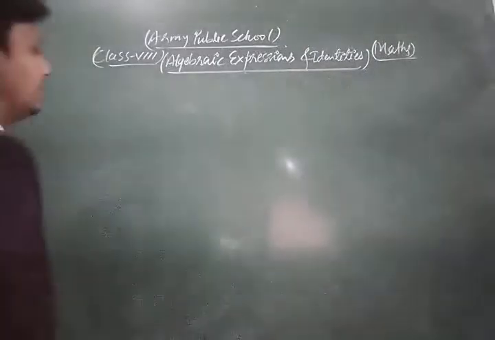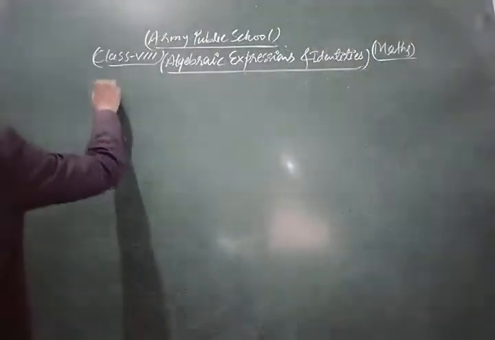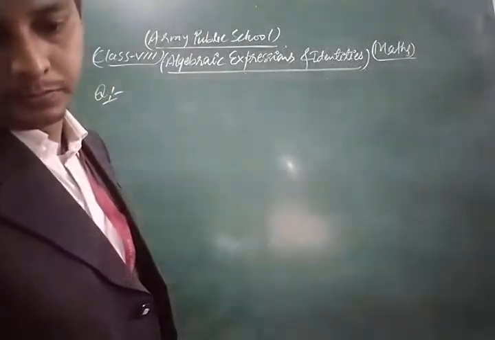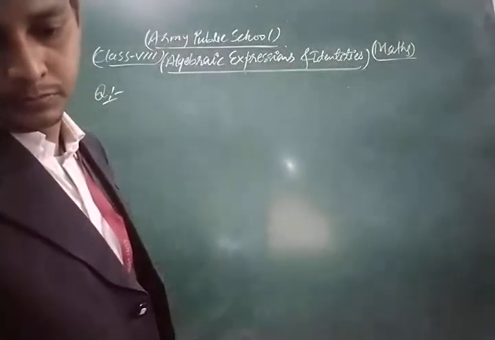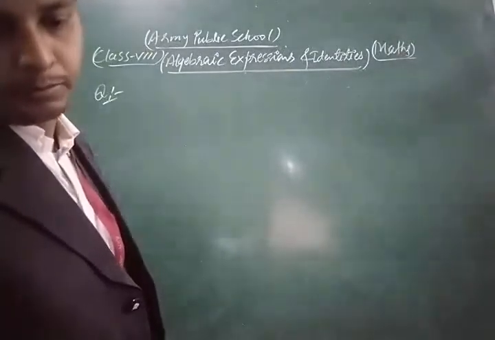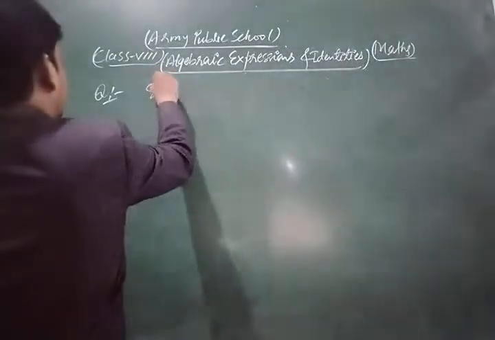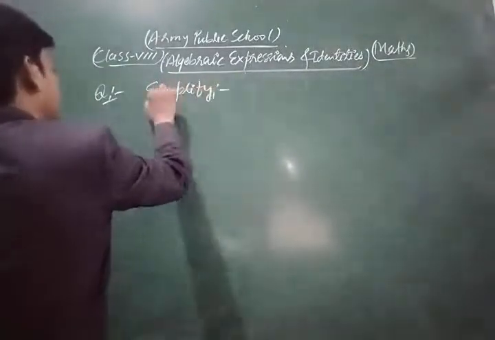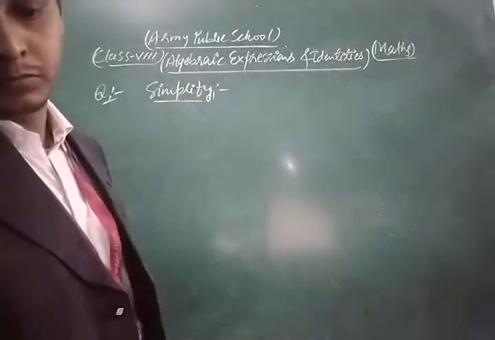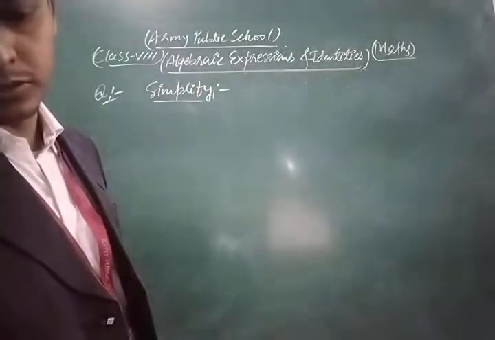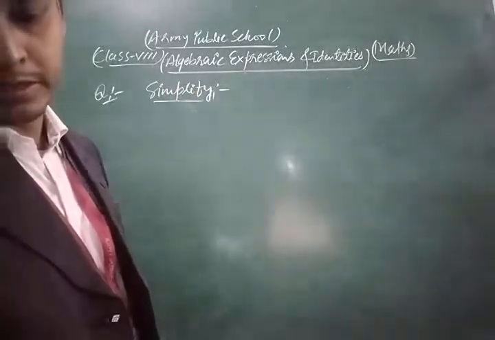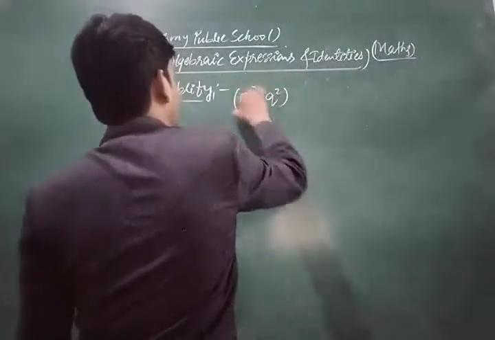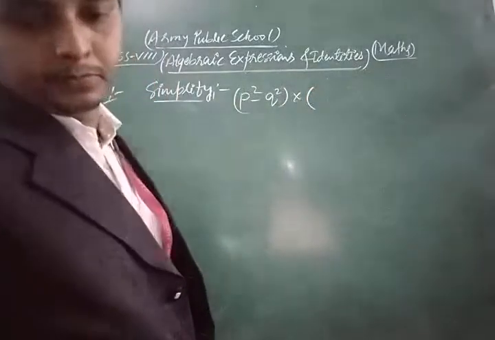Now look, we take a very important question, and your question is: simplify, dear students, p square minus q square multiplied by 2p plus q.